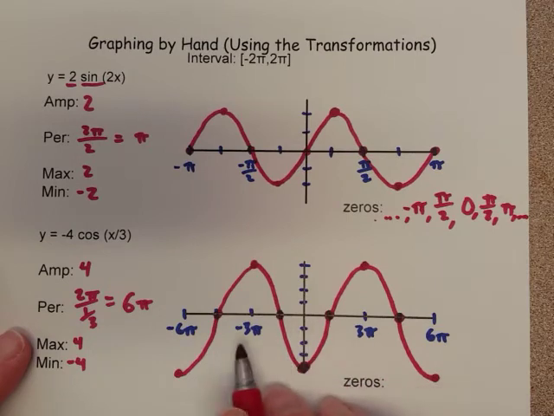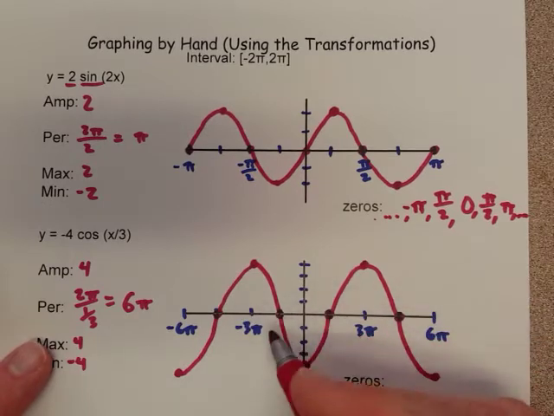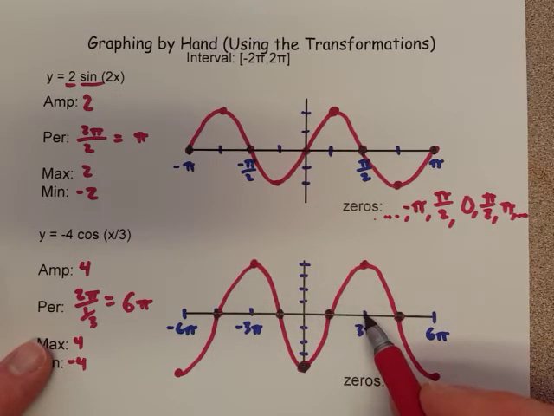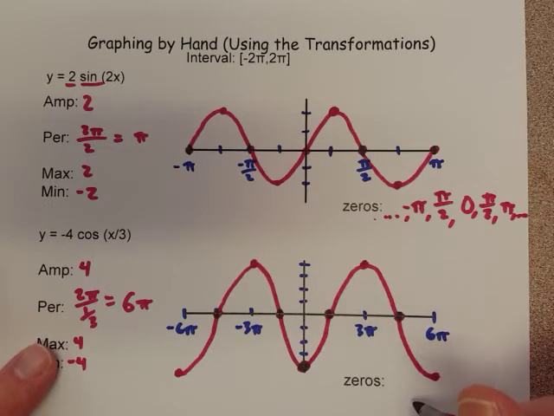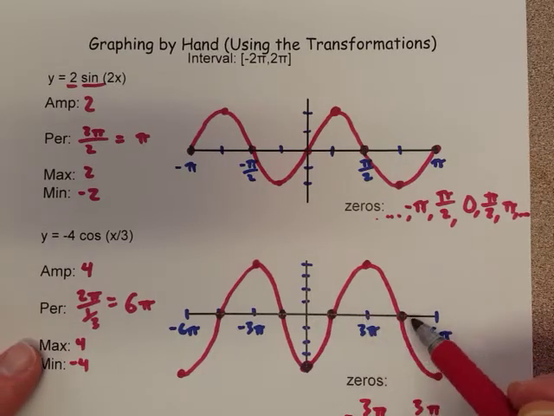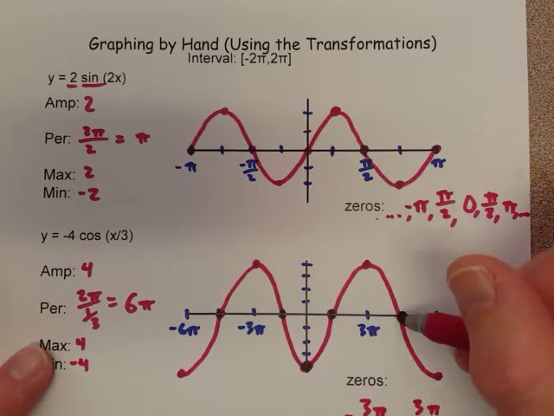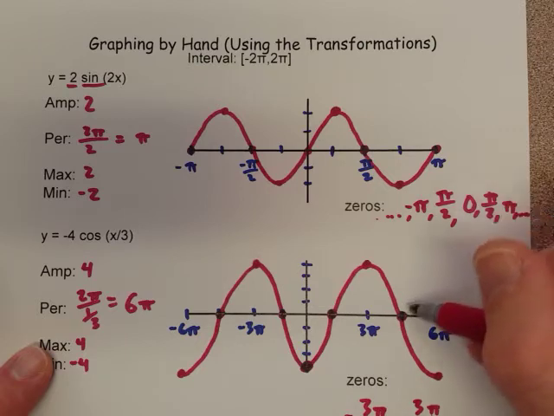In this case, we have the ones that are in between here. These are a little harder to identify, but we'll give it our best here. These ones, so halfway between 3 pi and 0 is 3 pi over 2. So that's going to be one of our zeros. And then we also have negative 3 pi over 2. Now if we go another pi and a half, so like this is essentially 4.5 pi.